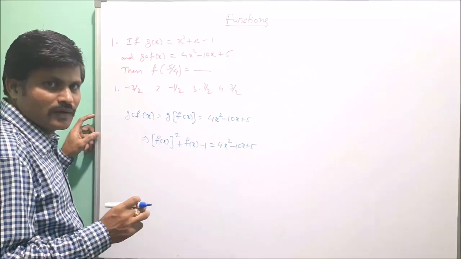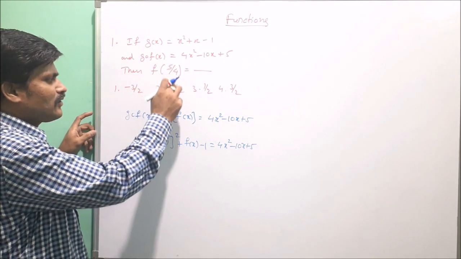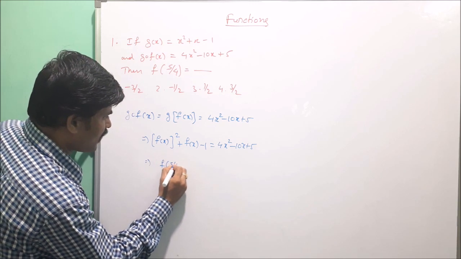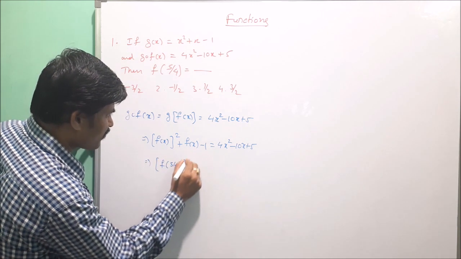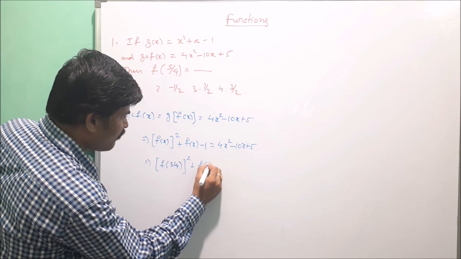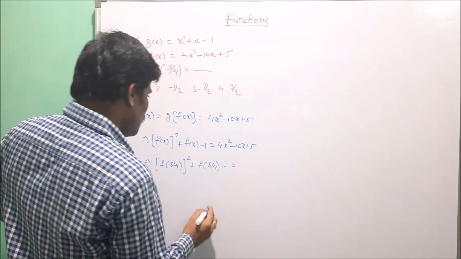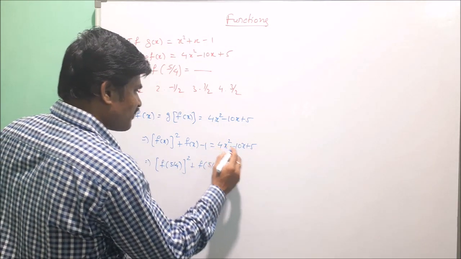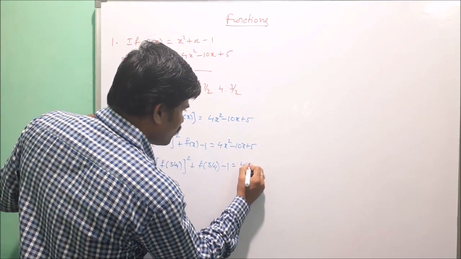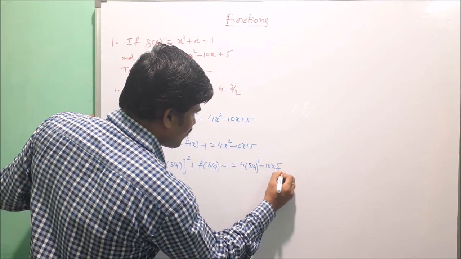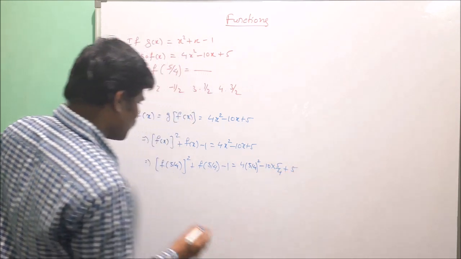Now here we take x equal to 5 by 4, which implies f of 5 by 4 whole square plus f of 5 by 4 minus 1 equals, here we take x value 5 by 4, 4 into 5 by 4 whole square minus 10 into 5 by 4 plus 5.